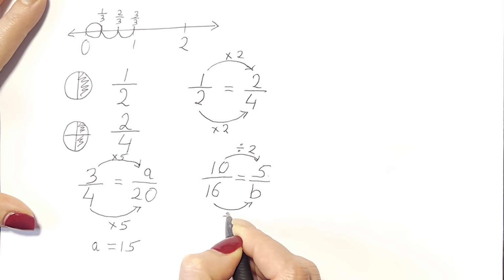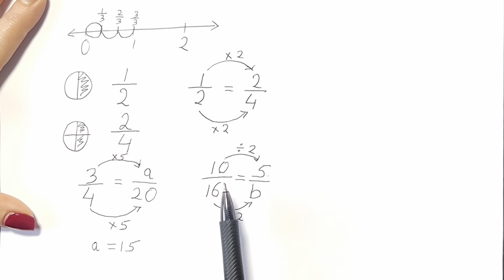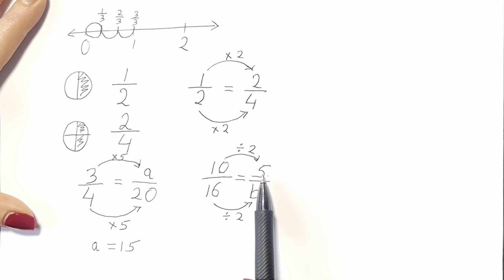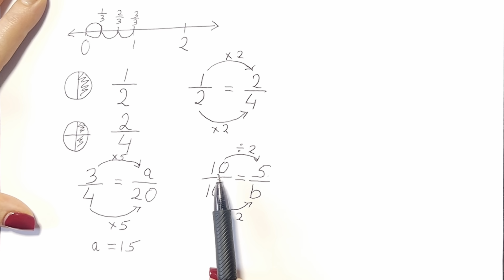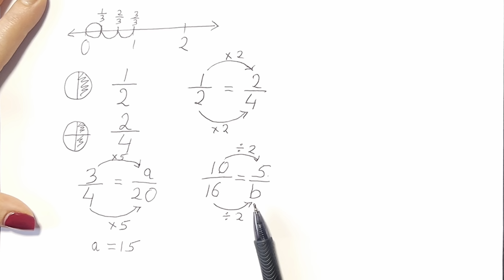So we're going to divide by 2. So what we did here, the second fraction's numerator is 2 times less than the first fraction's numerator. The second fraction's denominator has to be 2 times less than the first fraction's denominator too. We divide to get 5, we have to divide to get b. Okay, so b is equal to 16 divided by 2, which is 8.